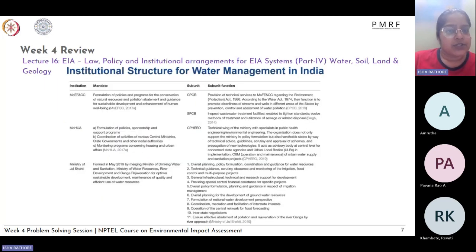We also looked at the institutional structure for water management in India, where we look at the different authorities and organizations which are present in India, and what roles and functions they have. So the Ministry of Environment, Forest and Climate Change, the MOEFCC as is the short form, looks at policies and programs for conservation of natural resources, pollution abatement, and guidance for sustainable development and enhancement of human well-being.